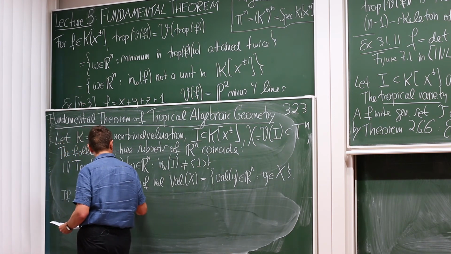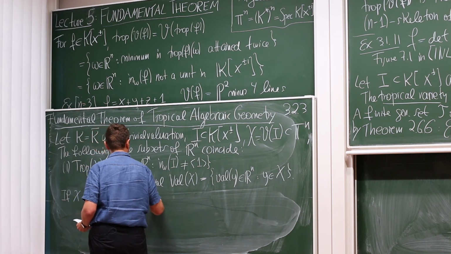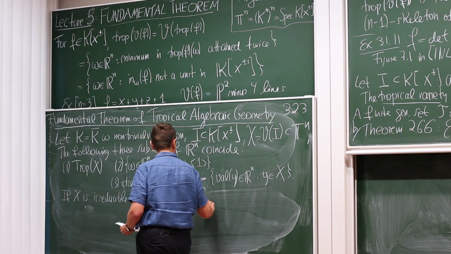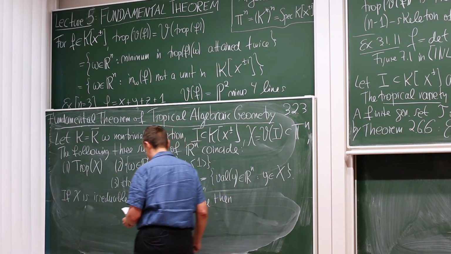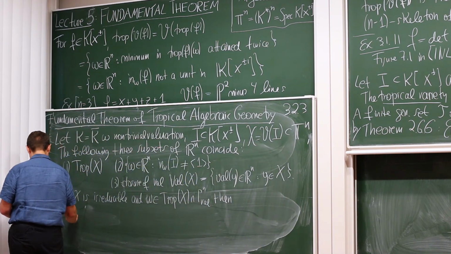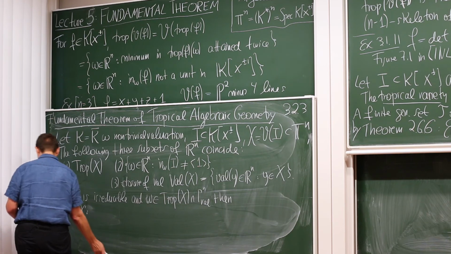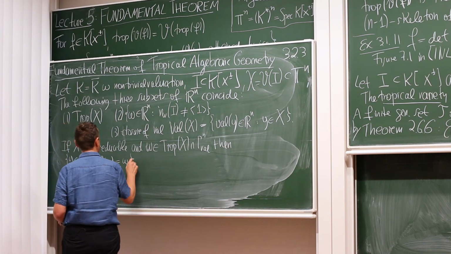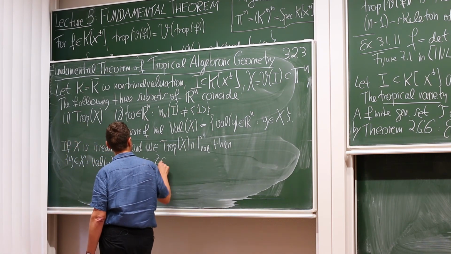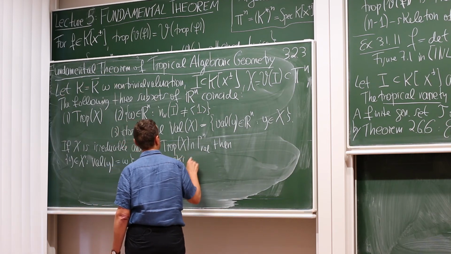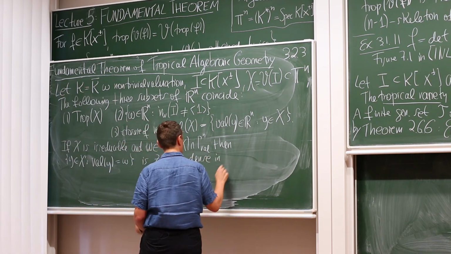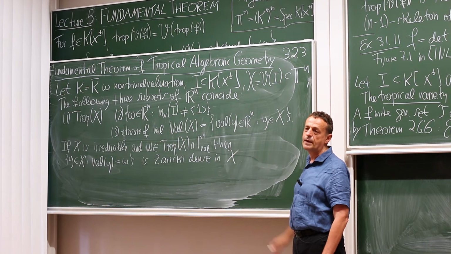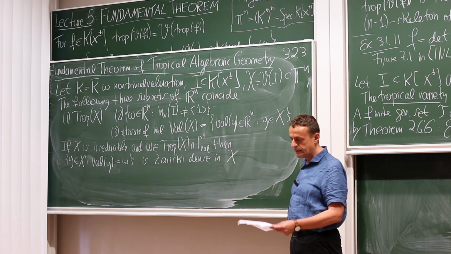If X is irreducible, and w is in the tropical variety and has all coordinates in the value group, then the fiber, the set of all y in X such that the valuation of y is the given point w, is Zariski dense upstairs in the variety. This is a very strong claim. It says not only is the map onto, but the fibers are very big.